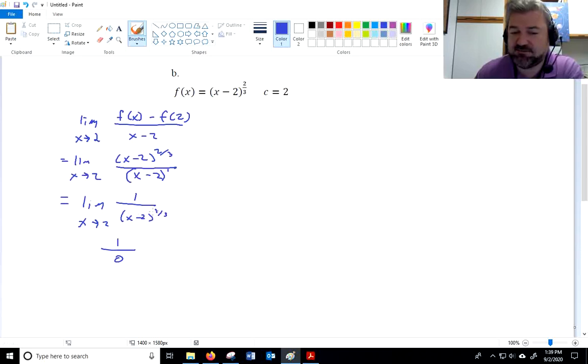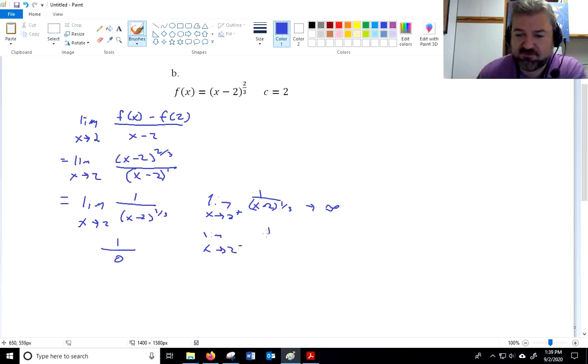So from the right-hand side, the limit as x approaches 2 from the right is infinity. The limit as x approaches 2 from the left, though, is going to be a little bit different. It's going to be plugging in a number slightly smaller than 2 and then taking the cube root of that, which is going to be a negative infinity. So this does not exist.